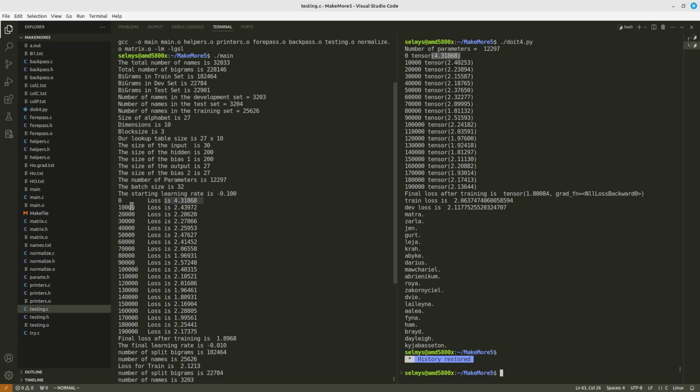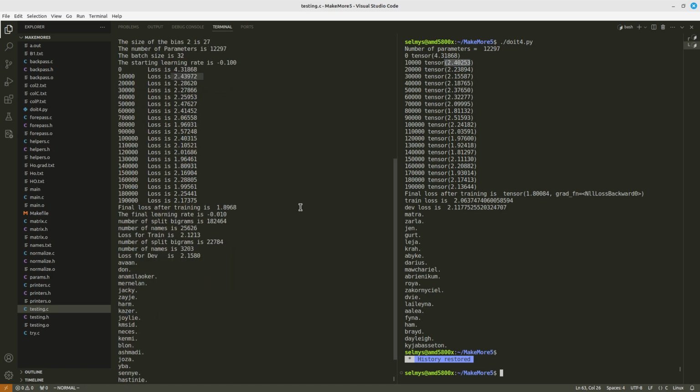But as soon as I do 1,000 iterations, my loss is now 2.43, while the loss here is 2.40. So you can see the losses here at the end. The training loss is 2.06 for the Python program, and my training loss here is 2.12. So it's a little bit off.